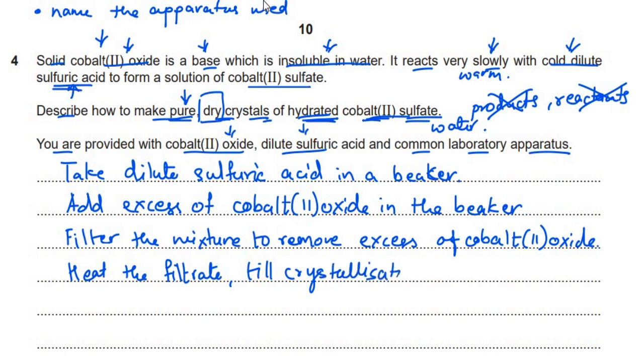Now what is crystallization point? Crystallization point is: keep on heating the mixture gently till a few crystals start appearing at the side walls of the container. So here if we have taken a beaker, the beaker walls will start getting some small crystals on the side. Stop heating at that point. That point is called crystallization point.